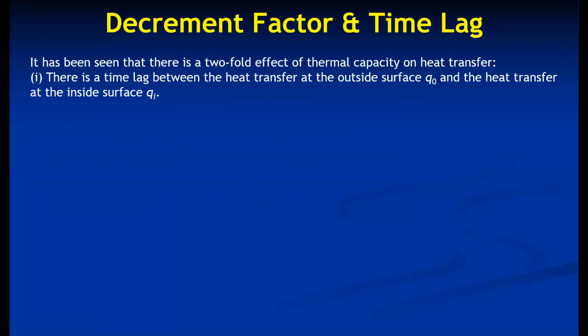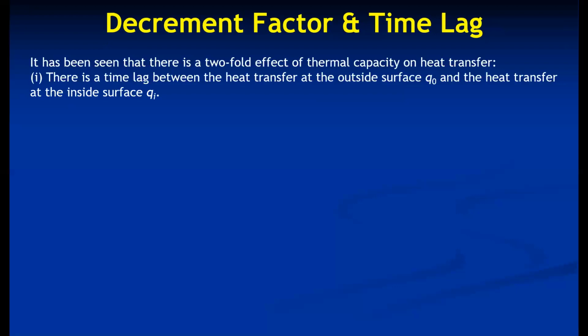Suppose at 11 a.m. heat is transferred to the outside air or outside surface. There is some time lag, say 2 hours or 3 hours depending upon the thermal capacity of the wall, and then the heat is transferred to the inside air or inside surface.